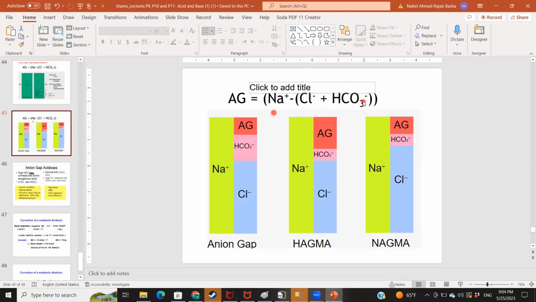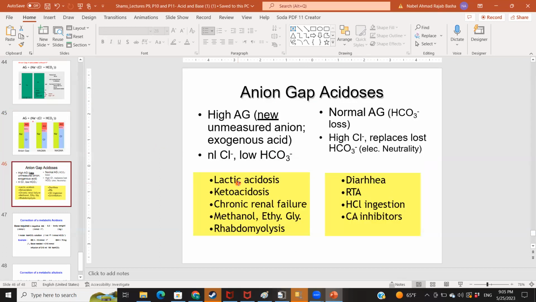So the sum of these two is way less than sodium.